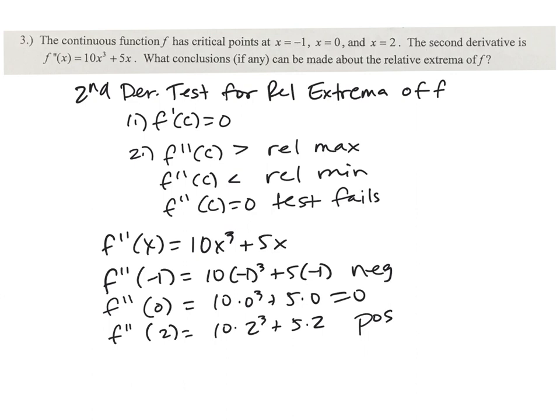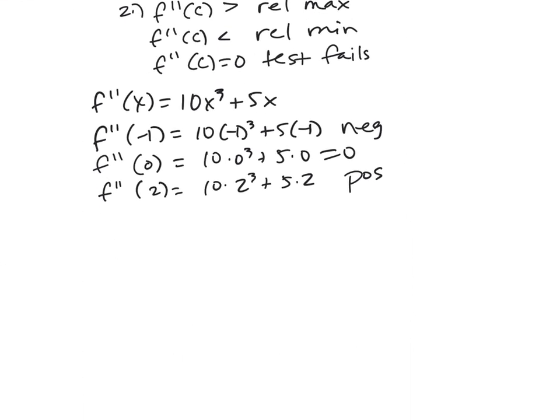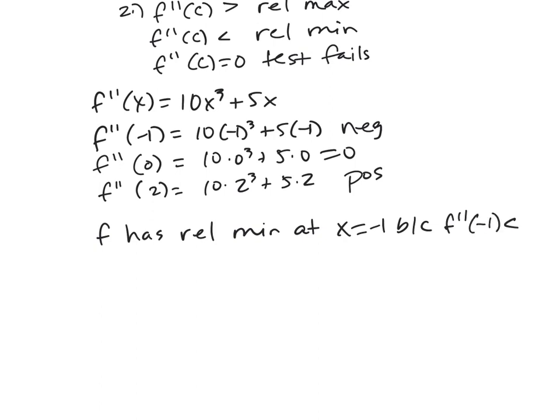All right, so here's the conclusion that we'll make. We can say that f has a relative min at x equals -1 because f double prime, well, I guess I should say of -1. So let me erase that. Let's say f double prime of -1 is less than 0, all right?